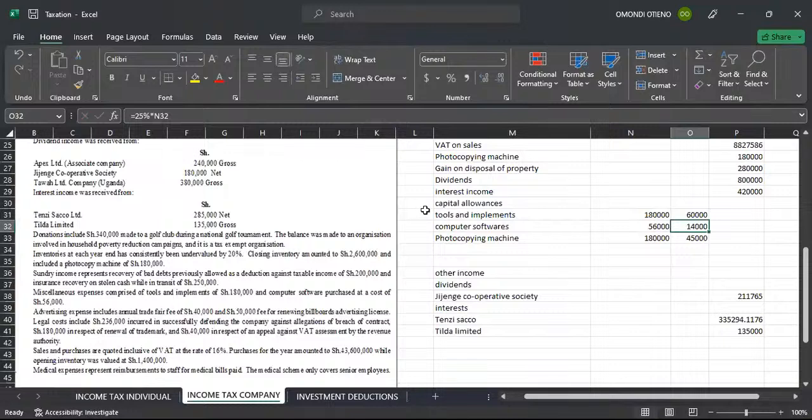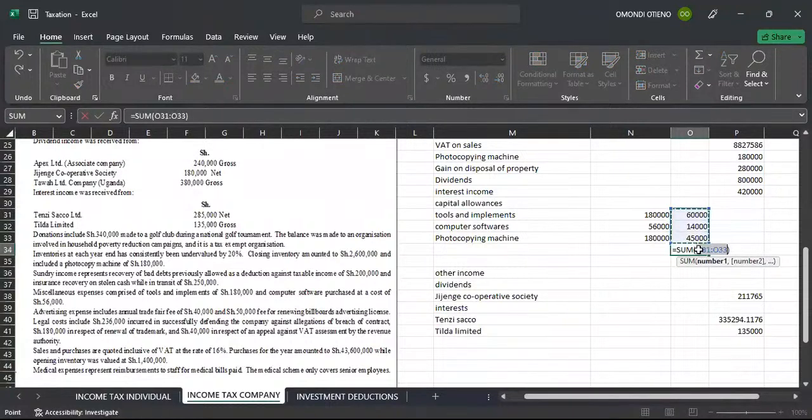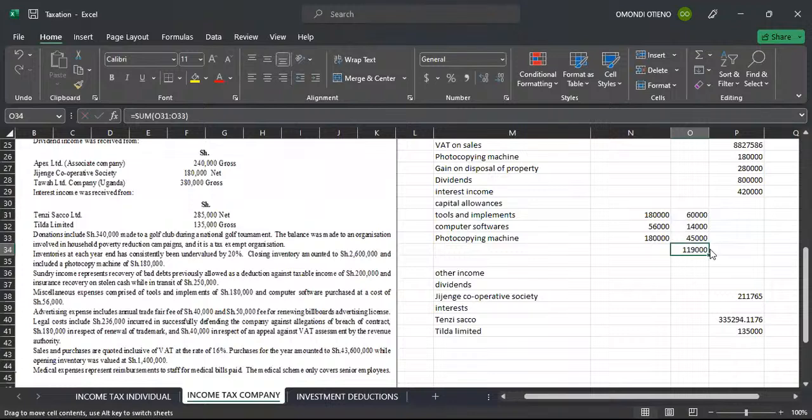So it means the capital allowance which is allowed to be subtracted to reduce your taxable profit is going to be the summation of these three figures here. That is the total capital allowance.